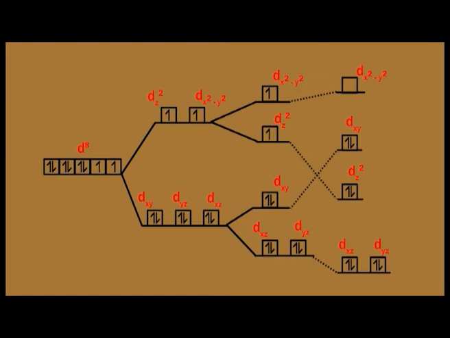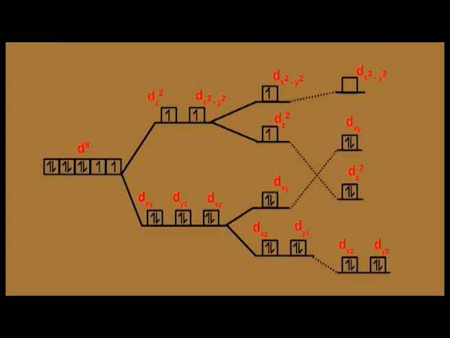Since this is true, parallel to this we have another question: why should the energy of the dz square orbital be higher than the energy of dxz and dyz orbitals? Actually, the dz square orbital doesn't exist as such. Instead, it is a combination of dz square minus x square and dz square minus y square.